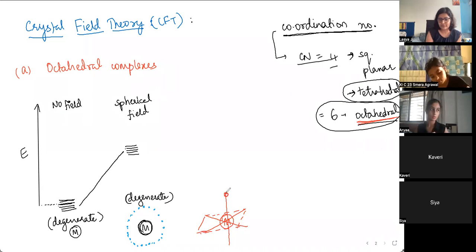So you have a negative charge here, top, bottom, this way. I might not understand the degenerate part. What is that? No, degenerate means equal energy. So the energy is increasing, but all 5 will still remain equal. Yes.